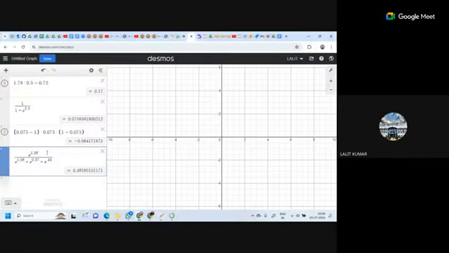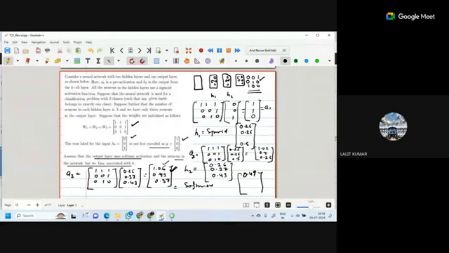And this will become 2.4, and this will become 0.437.